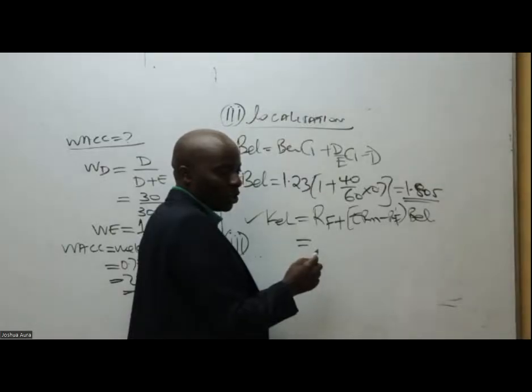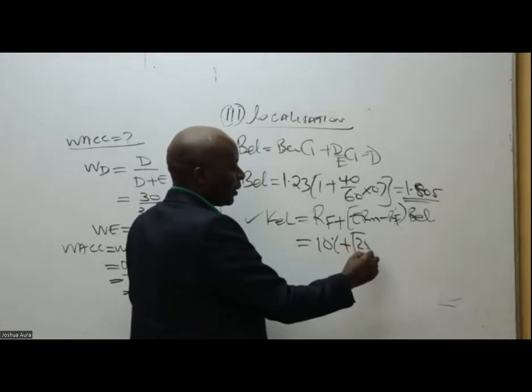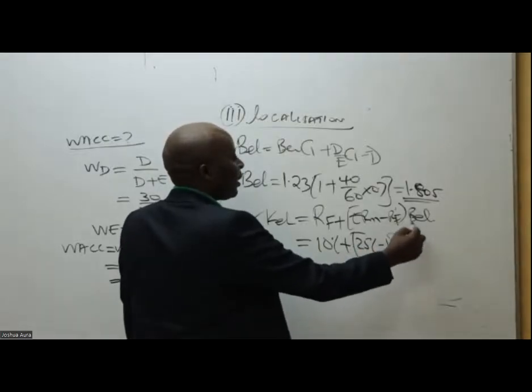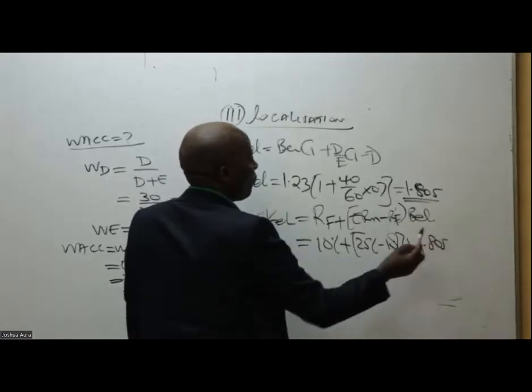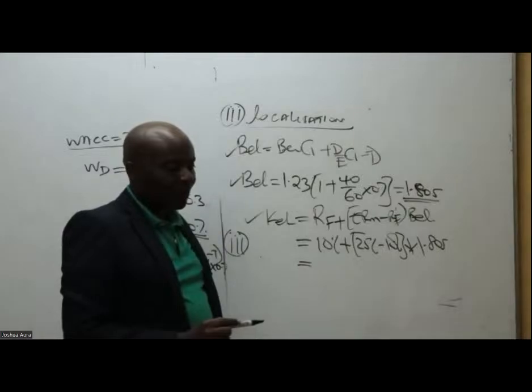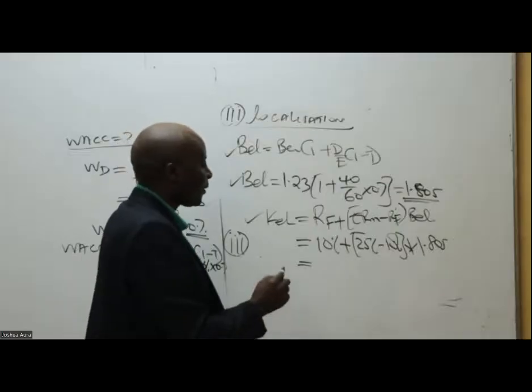Risk-free, 10. Market returns, if my memory serves me well, was 25 minus 10 multiplied by the bell that we have here, which is 1.805. So at the end of the day, what are we getting as our CAL? 37%.